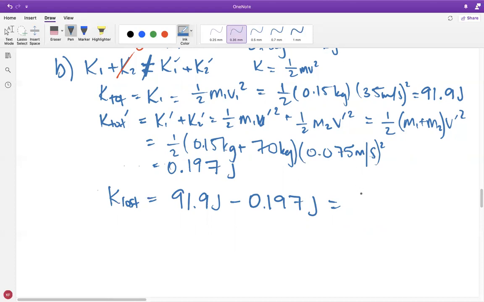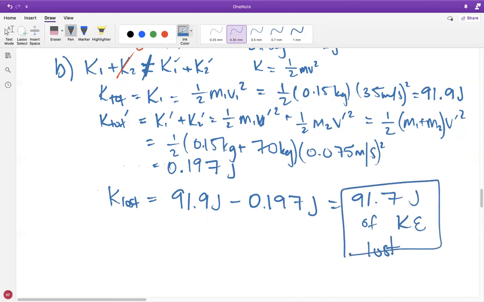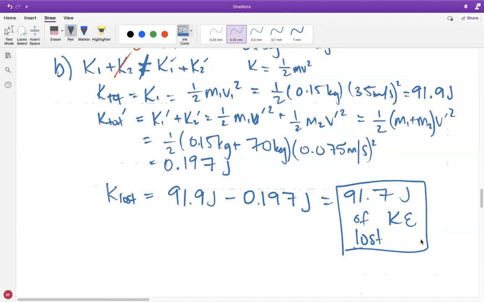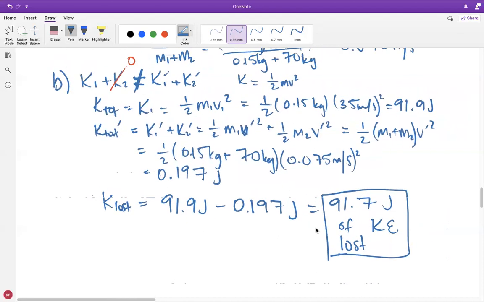That gives me about 91.7 joules of kinetic energy lost. Hopefully that made sense and wasn't too confusing. That is going to be the end of this video, and I do have a few more examples that I will go ahead and post.